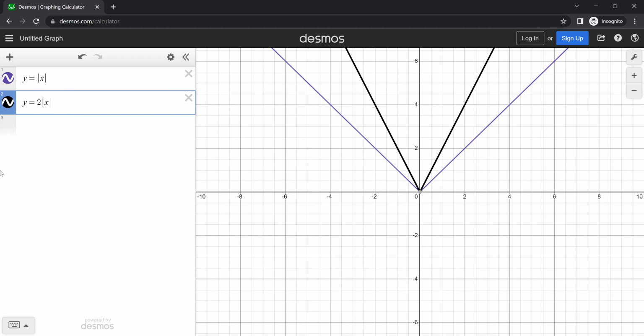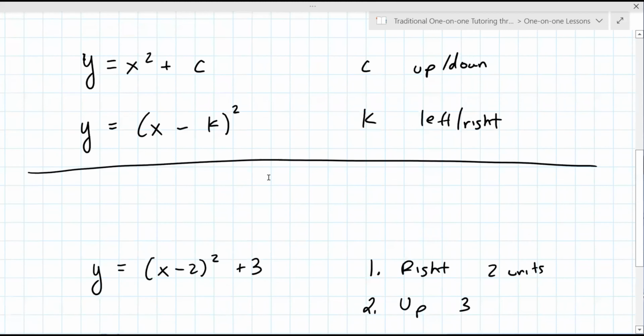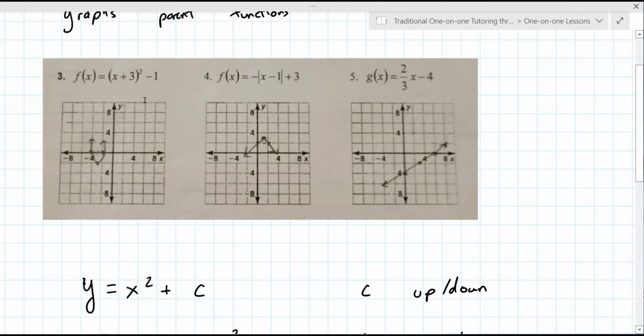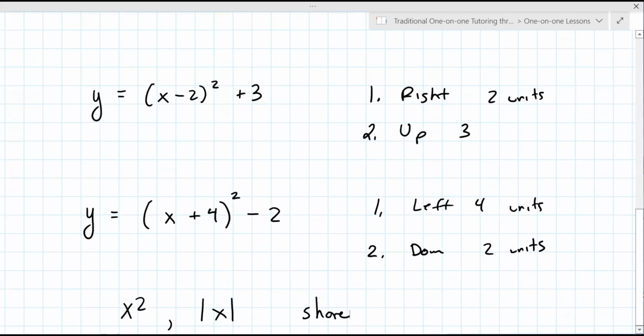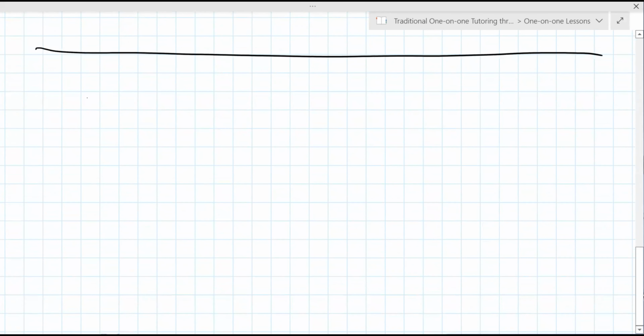Okay, but if we go back to the other screen here, let's look at a problem that you had. So you're going to be given something like this, and your instructor is going to say to graph it. Is that kind of what you're trying to do in this? Yes. Okay. So let's take a look at a quadratic because that's the best case. The quadratic has this form: a(x minus h) squared plus k.